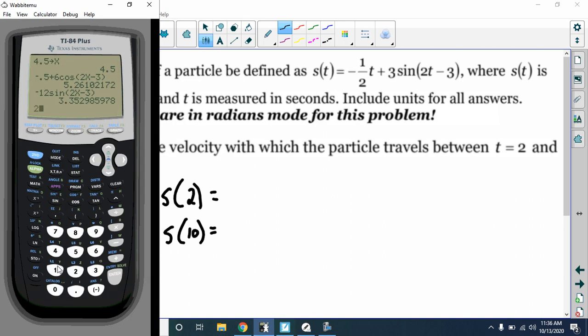So we're plugging 2 into position, and we're also plugging 10 into position.